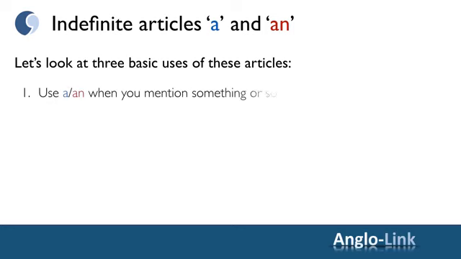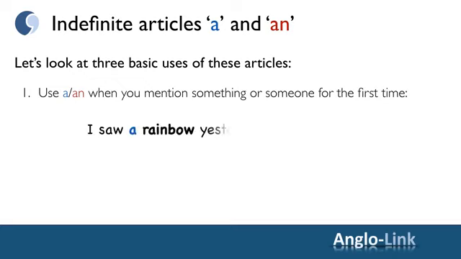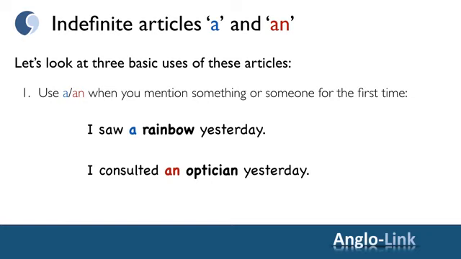Firstly, use a or an when you mention something or someone for the first time. For example, I saw a rainbow yesterday. Or, I consulted an optician yesterday.